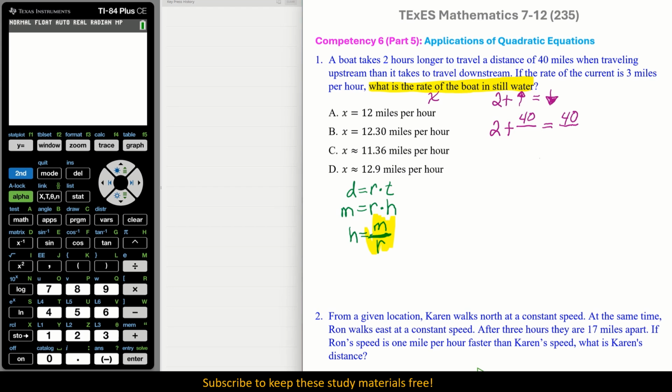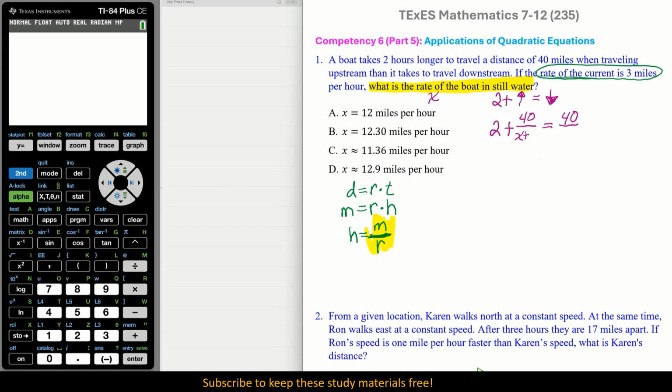Well, we've got the still water rate, but then we've got the rate of the current itself. So we have still water. Let's think about this. If I'm going upstream, I'm going to go at the rate of the still water plus the miles per hour.